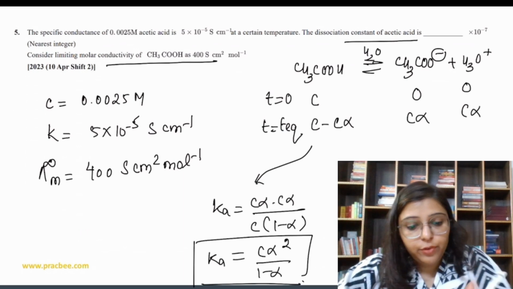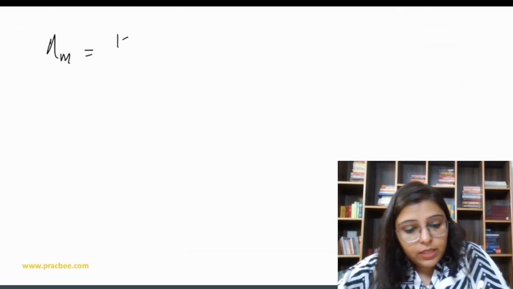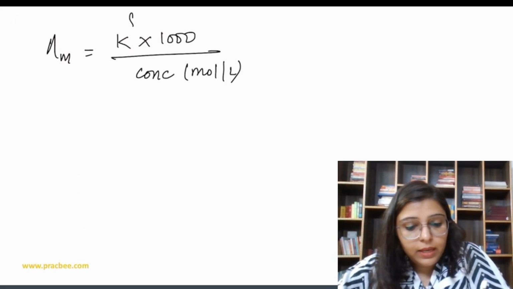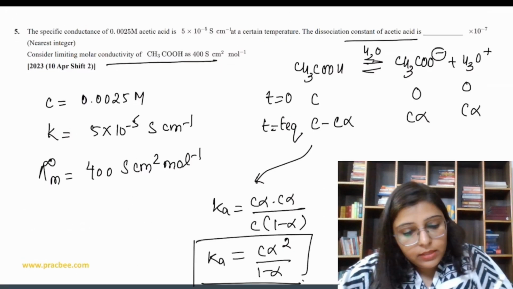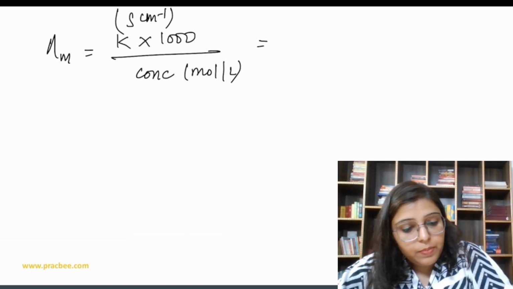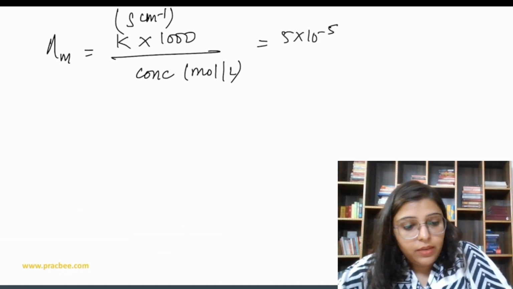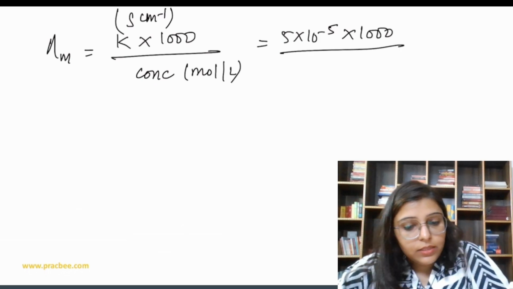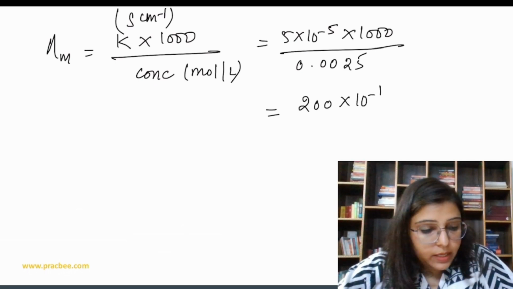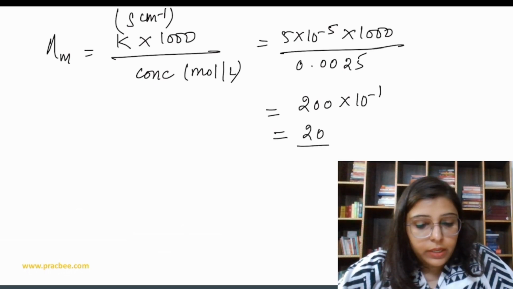First we have to find lambda M, which is kappa into 1000 upon concentration. Concentration is in mole per liter, kappa in Siemens centimeter inverse. So kappa is 5 into 10 to the power minus 5 into 1000, and concentration is 0.0025. On solving we get 200 into 10 to the power minus 1, which is equal to 20.